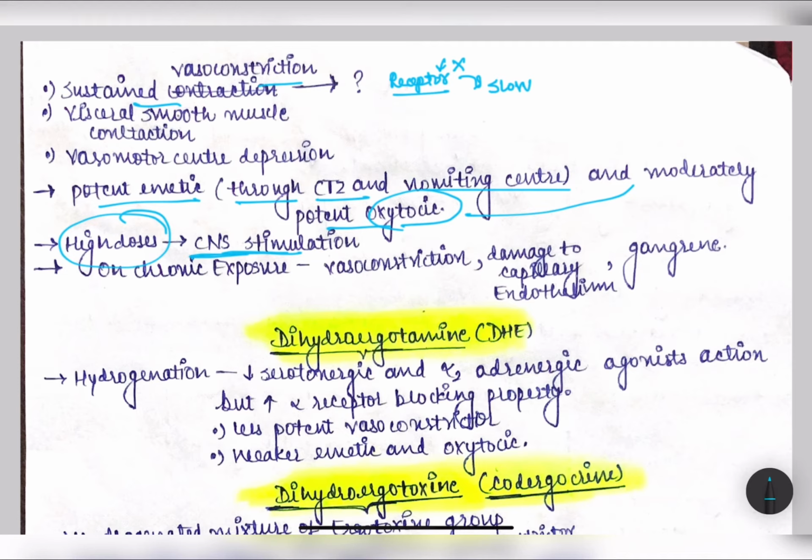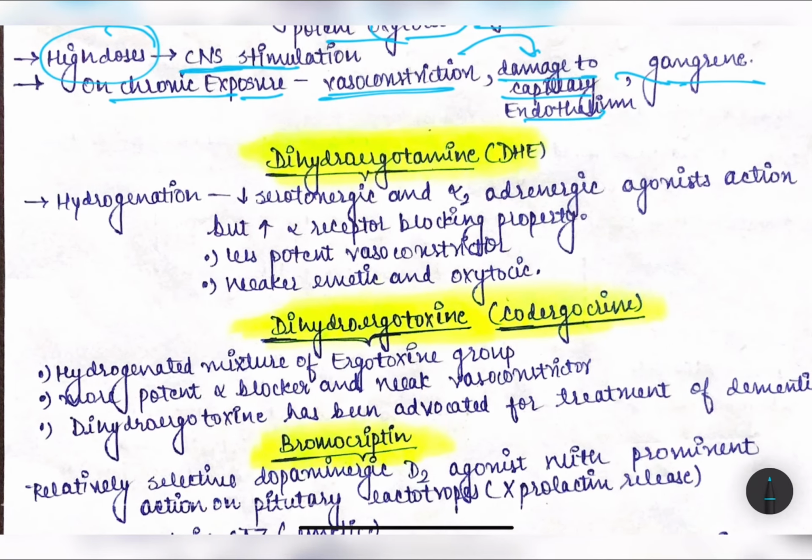On chronic exposure, when we use ergot alkaloids for a long time, it causes ergotism, that is ergot poisoning. Vasoconstriction occurs, accompanied by damage to capillary endothelium, and eventually there will be vascular stasis as well as gangrene.